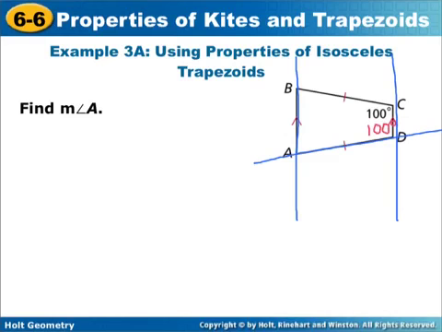Focus on just the blue lines. Then think about this angle and this angle, and what you might know about those two angles. They're on the same side of the transversal. They're both up here. And they're in between the parallel lines.